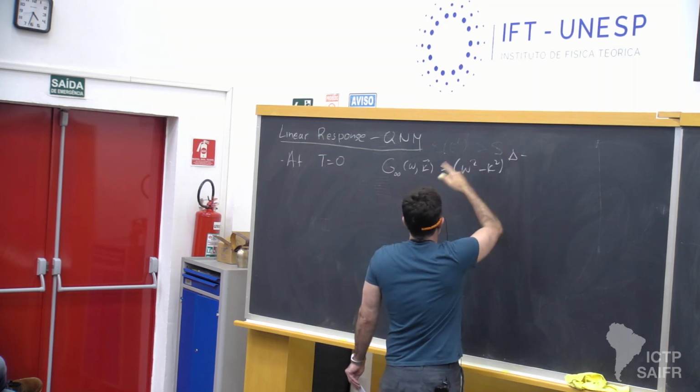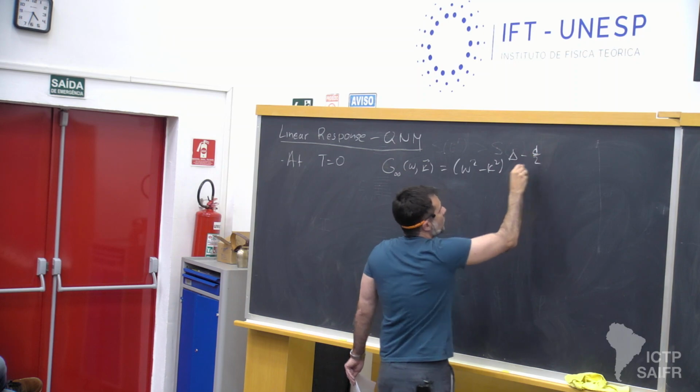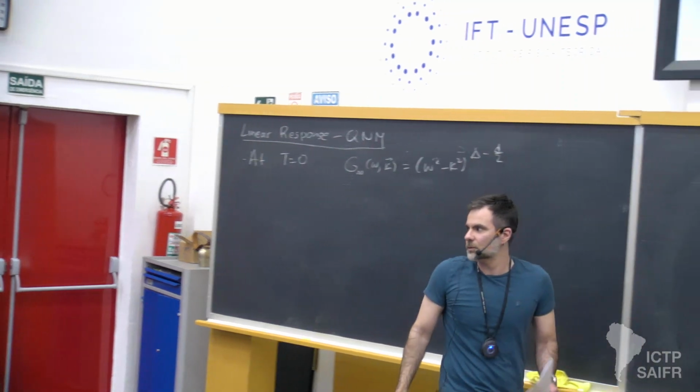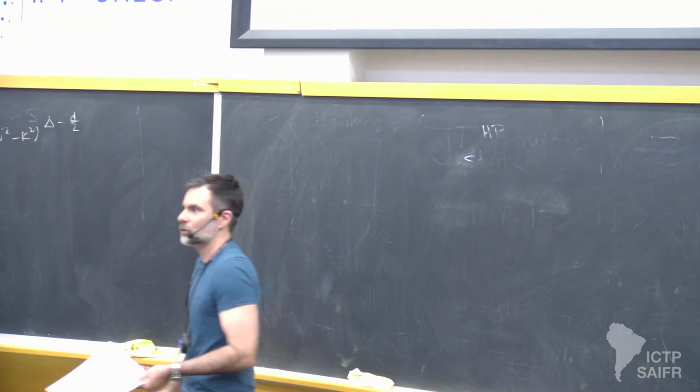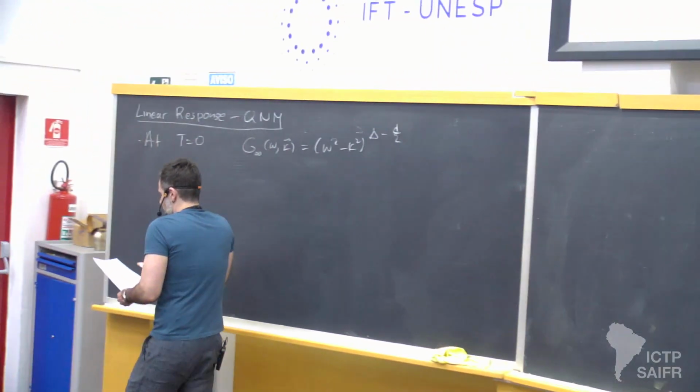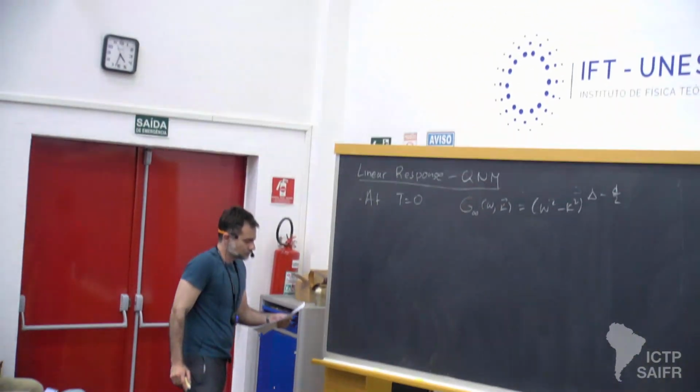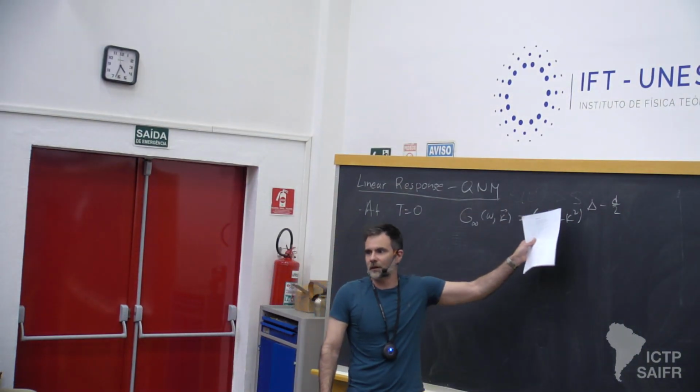So if the dimension of the operator O is delta, then you expect some retarded Green's function to look like this. Okay, you might be more used to the coordinate space Green's function, but if you Fourier transform, you will find an expression like this.